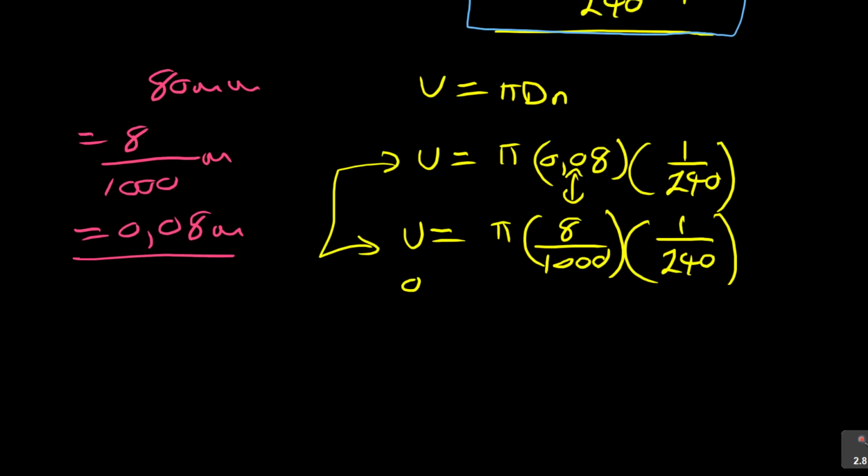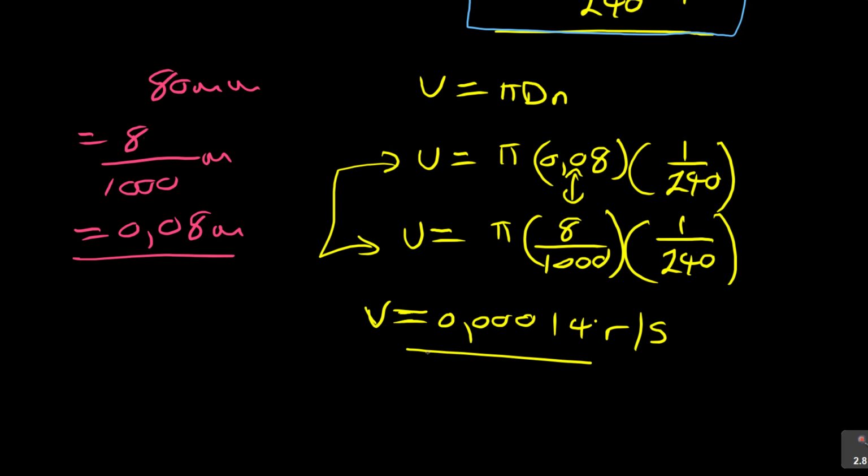That is v is equal to 0,00014, something like that, and then 1407. Let me leave it like that. But for this one, since it's velocity, it's rotations per second.